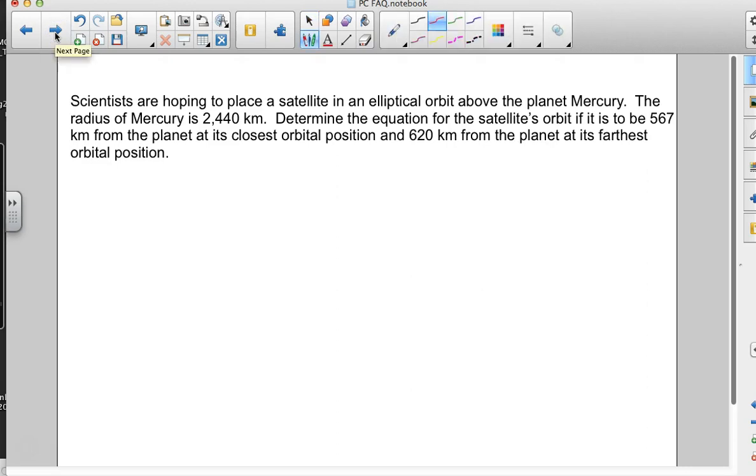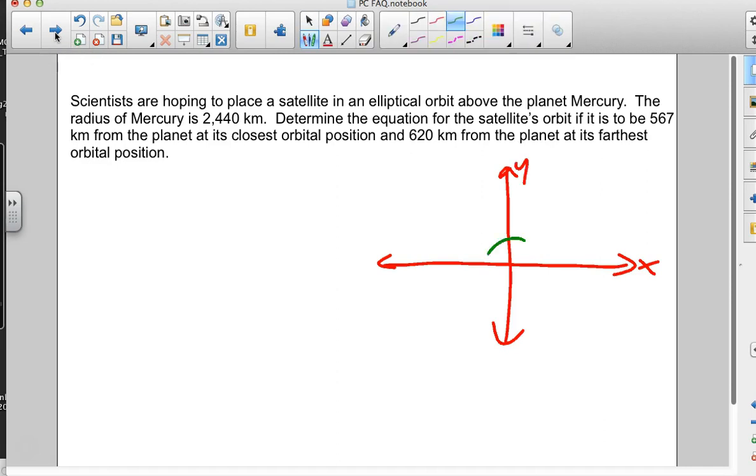Same thing with this one. So we've got scientists hoping to place a satellite in an elliptical orbit above the planet Mercury. All right, Mercury, you're going right here. That's where Mercury's going to go. The radius of Mercury is 2,440 kilometers, so that is 2,440 kilometers.